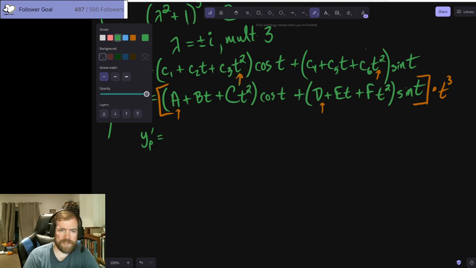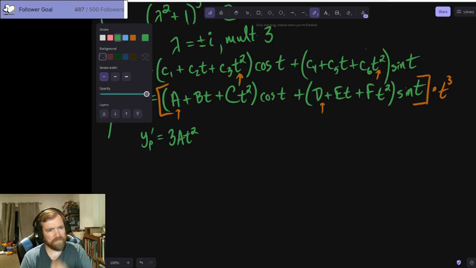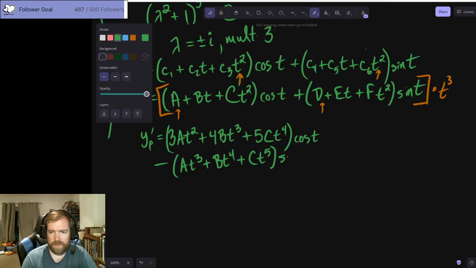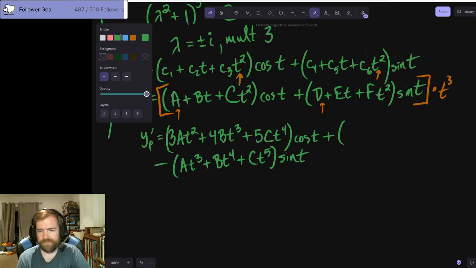Right, so we're going to multiply all of this stuff by t cubed. So this is a t cubed, which means that this is going to be 3a t squared, plus, here this was t to the fourth, so 4b t cubed, plus, here this was t to the fifth, so 5c t to the fourth, all times cosine t, minus a t cubed plus b t to the fourth plus c t to the fifth all times sine of t, plus, again, same thing here, it's just going to be with the other trig function.